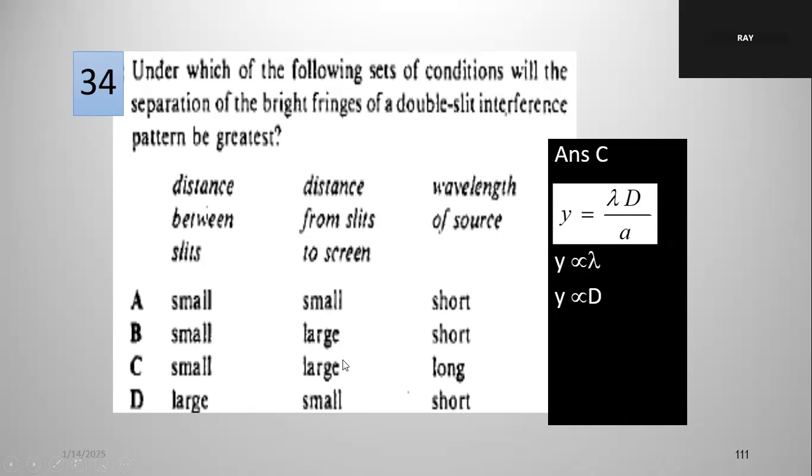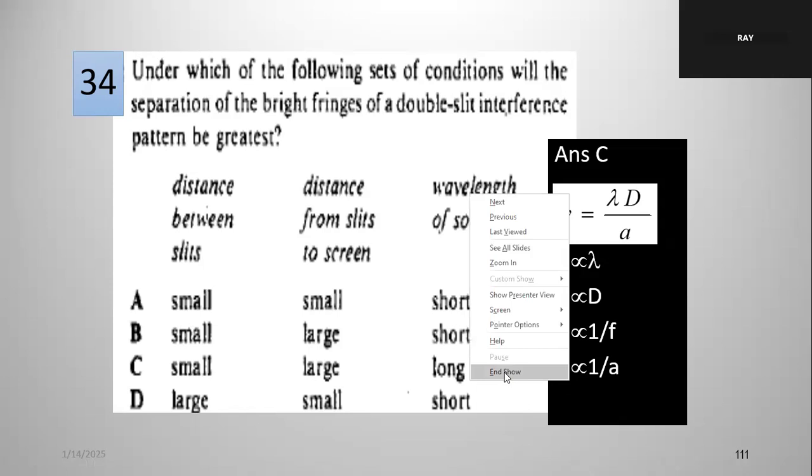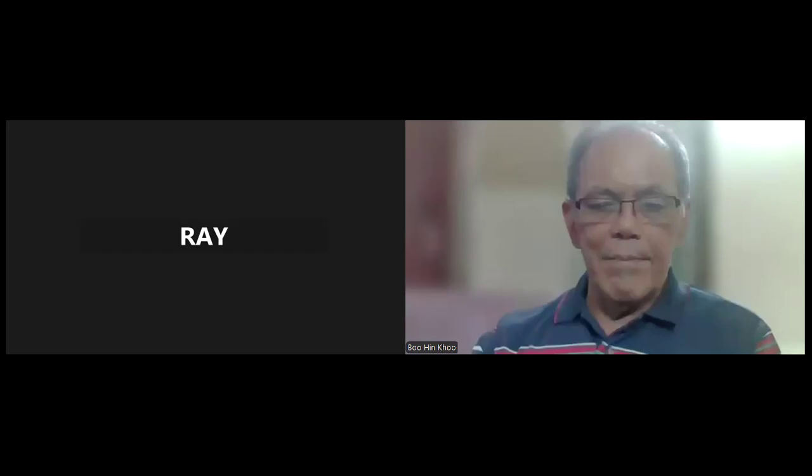Y is proportional to D, so that one large. Y is inversely proportional to 1 over A, so A small, that one will be large. So the answer is C.